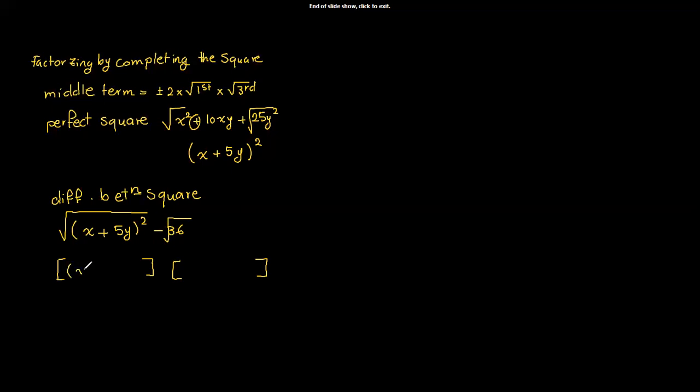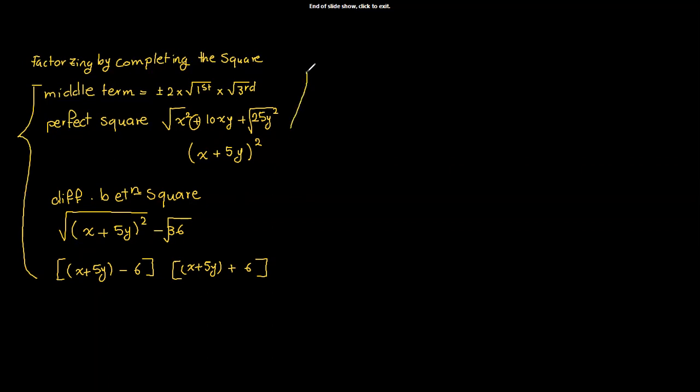Then it will be two brackets, x plus 5y and x plus 5y here. Then square root of 36, it will be 6, and another 6 in another bracket. So the difference, it will be a different sign. One is positive and the other is negative.